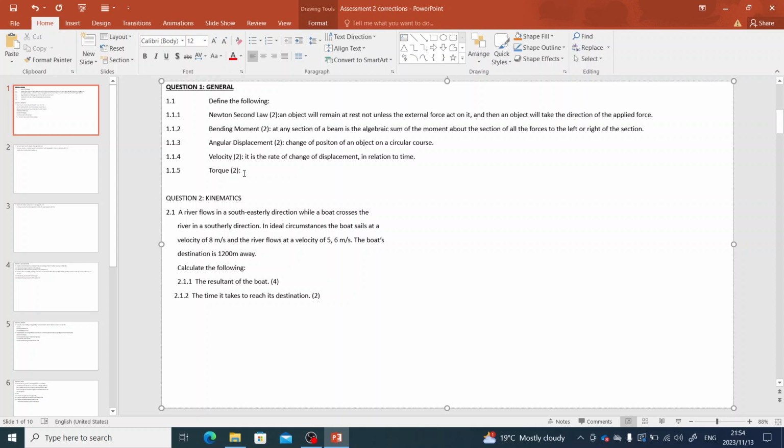This is how you are supposed to have stated your velocity. Torque, good people, torque, turning force. 2 marks for defining it that way. Torque is a turning force, or is the tendency of a force to rotate an object about an axis, pivot, or fulcrum. It simply means it's a turning force. For 2 marks, stating that torque is a turning force.